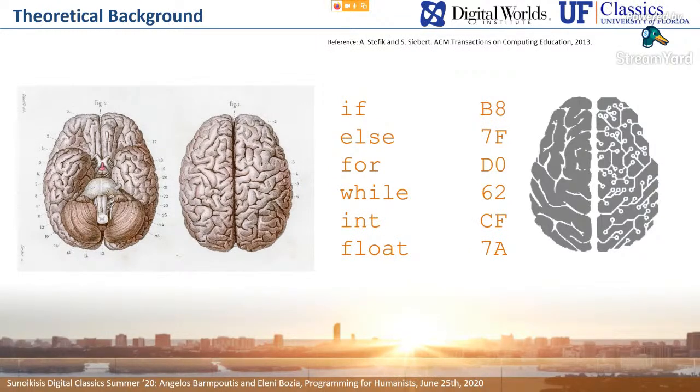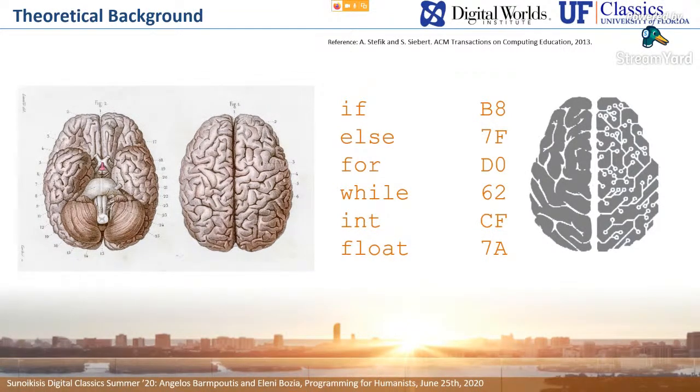Now, going back to our topic, computer programming, an interesting study has shown that the complexity of learning computer programming does not change if we replace those English-based keywords often used in computer languages, such as if, else, for, etc. If we replace those with arbitrary hexadecimal symbols like B8, 7, F, or things like that, students will have exactly the same process through learning computer programming. So this doesn't make it any easier or any more difficult, which is very interesting.